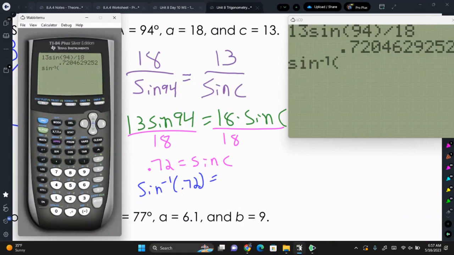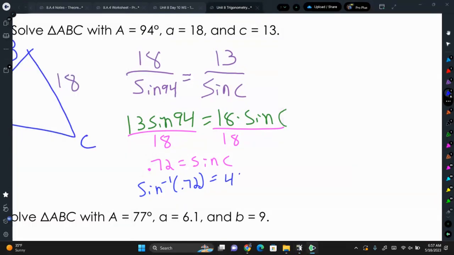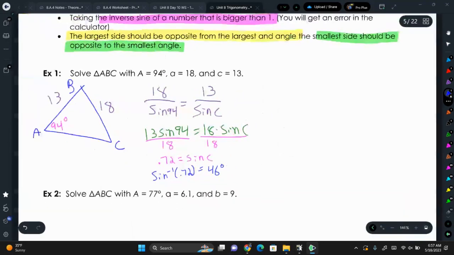Inverse sine of 0.72 equals 46.05. We're just going to round to the nearest degree, 46 degrees. Over here, we're going to make a table of two triangles and the missing information that we have for each of them.